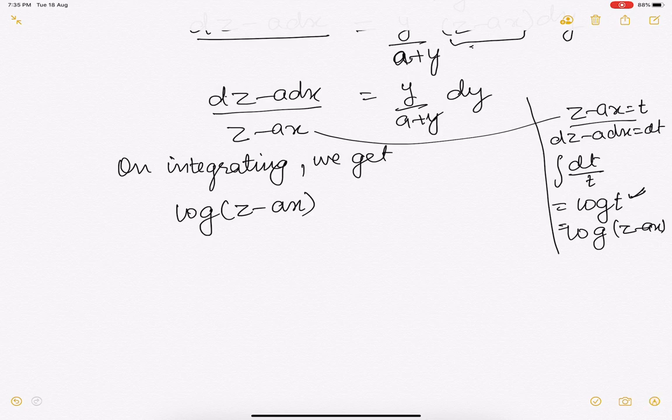So it is log of z minus ax is equal to, now we integrate this, we can write this as y plus a minus a. So we get dy minus a upon a plus y dy.